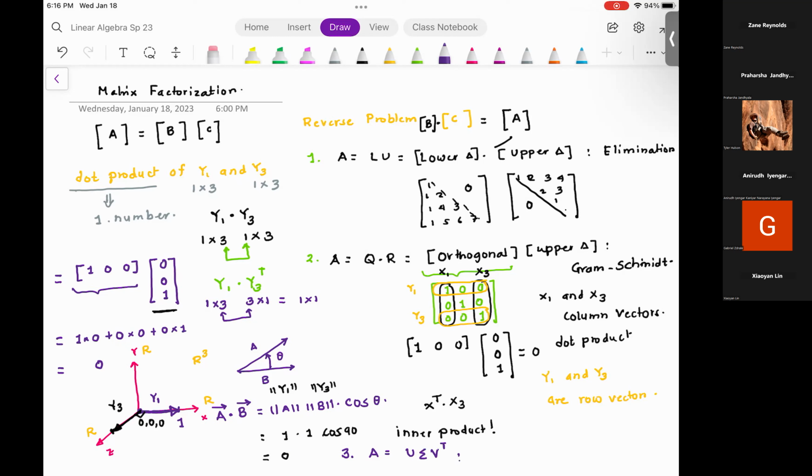So this is given by an orthogonal matrix, then a diagonal matrix, and then an orthogonal matrix. And this is also called singular value decomposition.